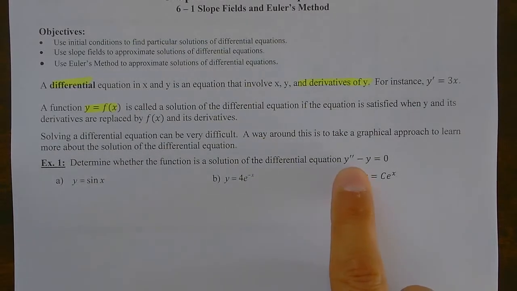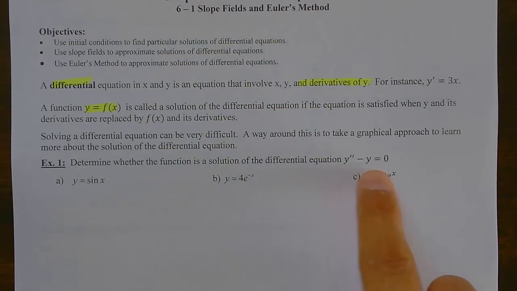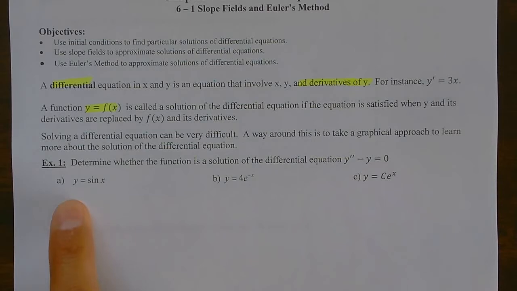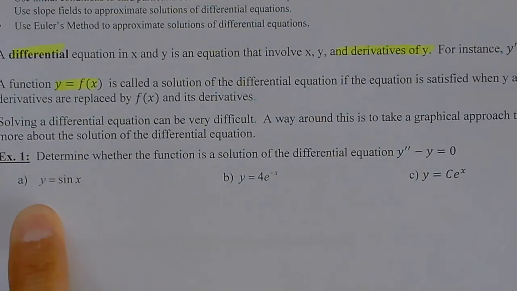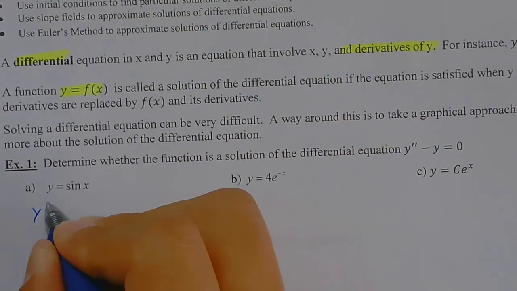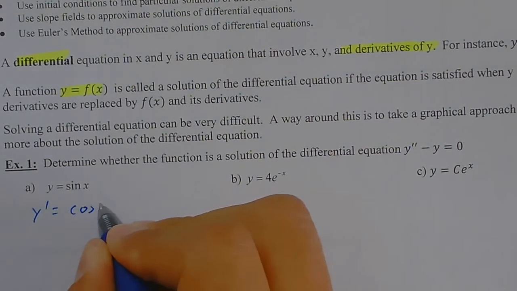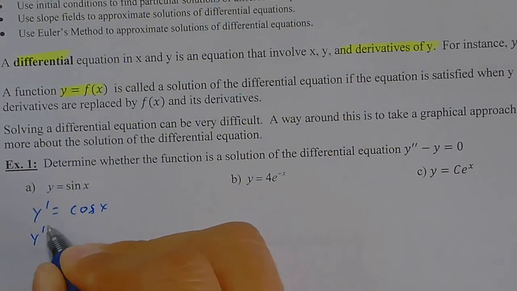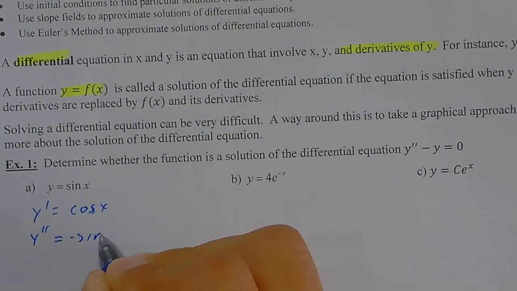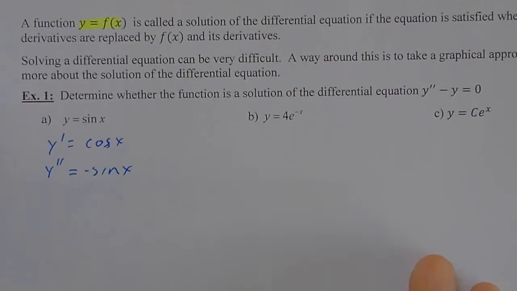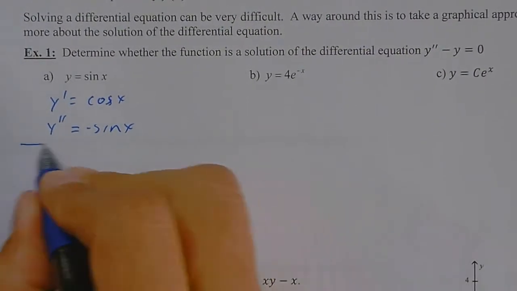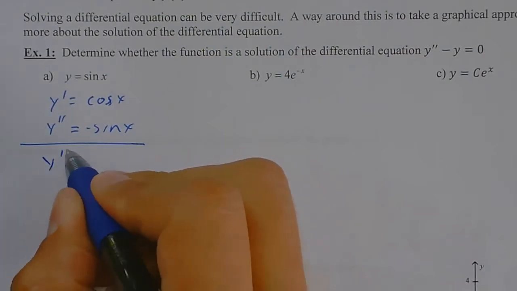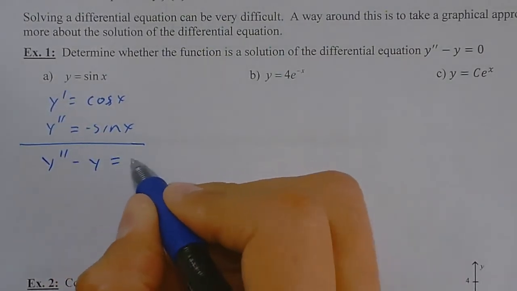And yeah, I know that's a second derivative, but we'll see. This says the second derivative minus the function is equal to 0. So is this a solution? Well, we can check by finding the derivative, finding the second derivative, and then we can just check whether this will be true.